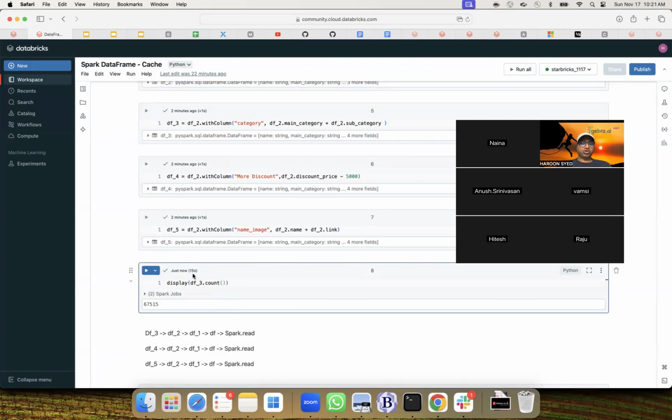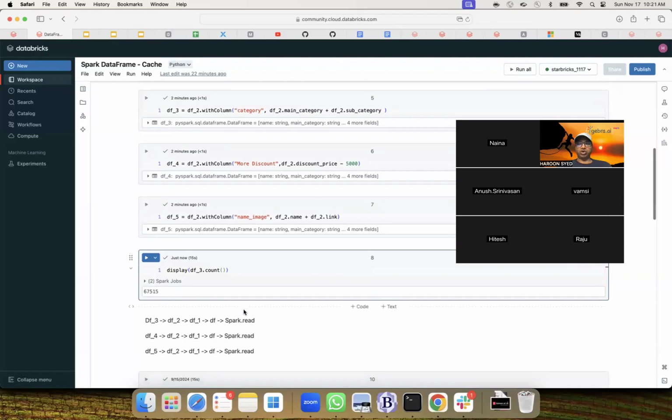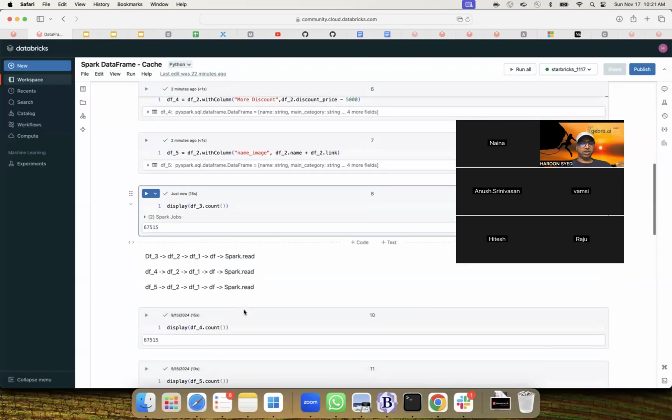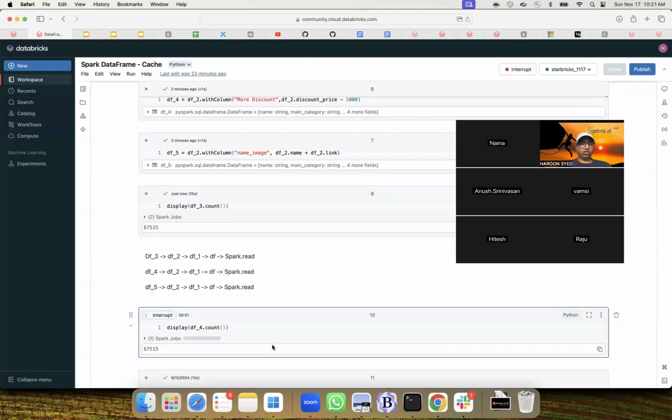Okay. Now check how much time it has taken: 15 seconds to do all of these transformations. Now I'm going to df4. Same story. It has to get df2, df1, df, and do the Spark read. And on df2, there is a different transformation to get data frame 4. Now I'll run df4 count.